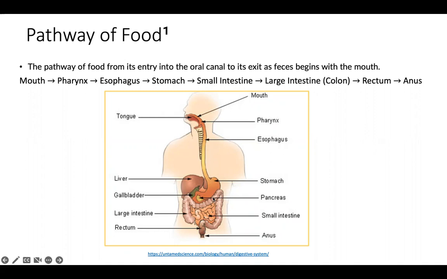And that is where, in the large intestine, the colon area, the water is then absorbed and the product of feces is created and is emptied out through the rectum and then out through the anus. So pretty much a quick overview is mouth to pharynx to esophagus to stomach to small intestine to large intestine or colon to the rectum and then out to the anus.